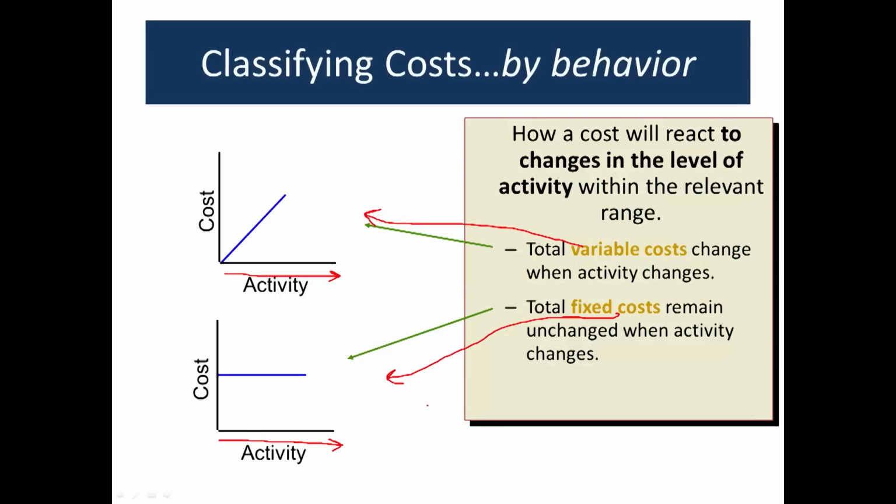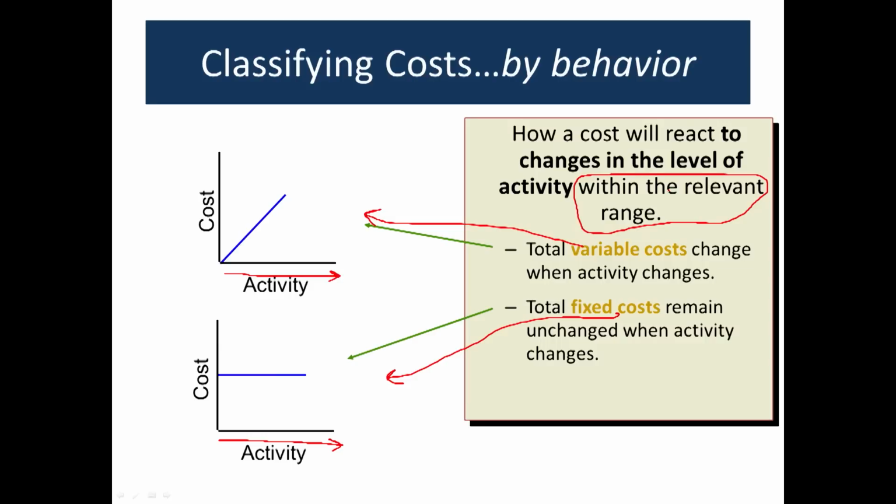Now, look back at this slide because I want to point out something important. This little phrase here that says within the relevant range. There is some level of relevancy that we have to stay within when I do that example with Mackenzie's wedding reception.